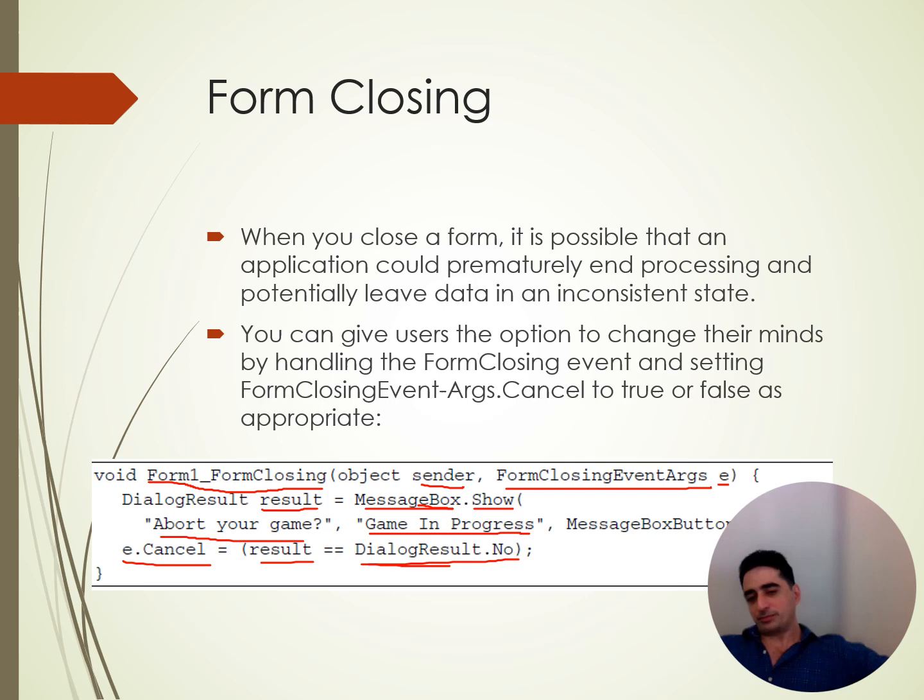When the Cancel property is true, the form automatically aborts the closing process and your form will not get closed, right? You will still have the chance to play your game. But if the user confirms that yes, I'm going to abort the game, then you're setting e.Cancel to false, so it's not going to prevent the form from getting closed, and the closing process will continue.